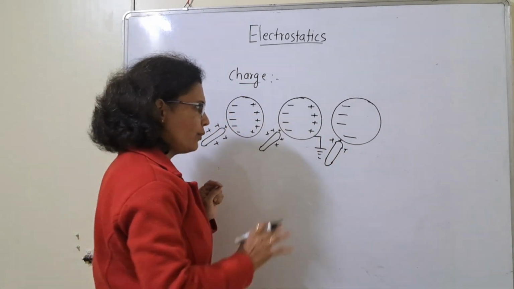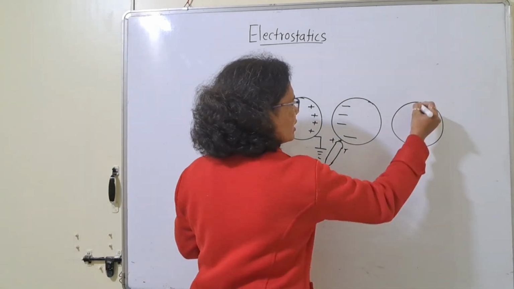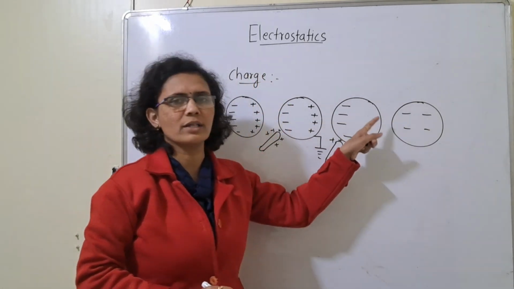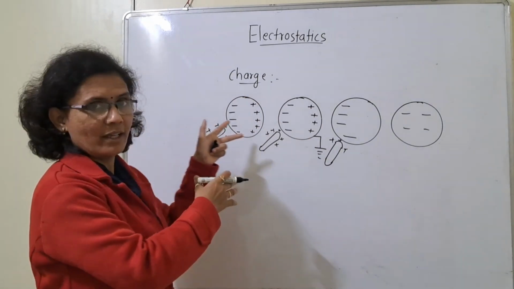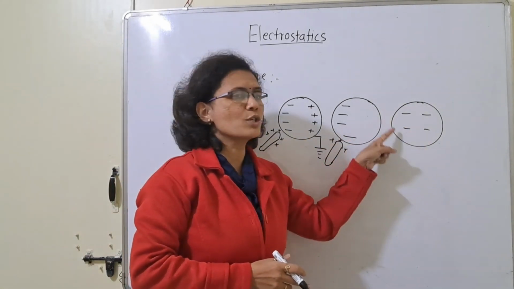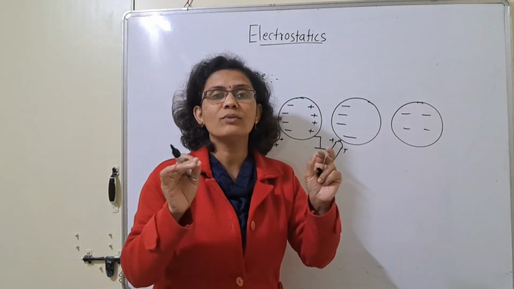Now if I remove the rod, this negative charge will get uniformly distributed over this body, which was neutral at first, so the body becomes negatively charged.